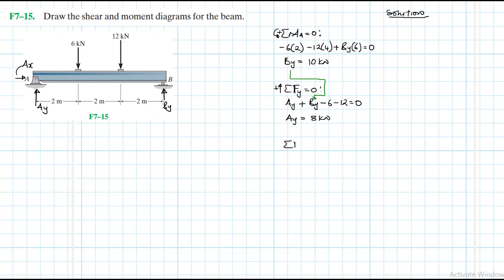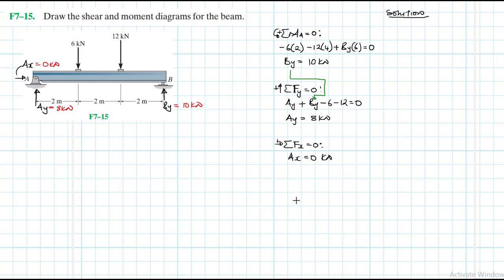Then finally, we have summation of forces in the x direction equal to 0. What do we have? We have Ax equal to 0. Let's label this. By is equal to 10 kilonewtons. Ay is equal to 8 kilonewtons. Ax is equal to 0 kilonewtons.